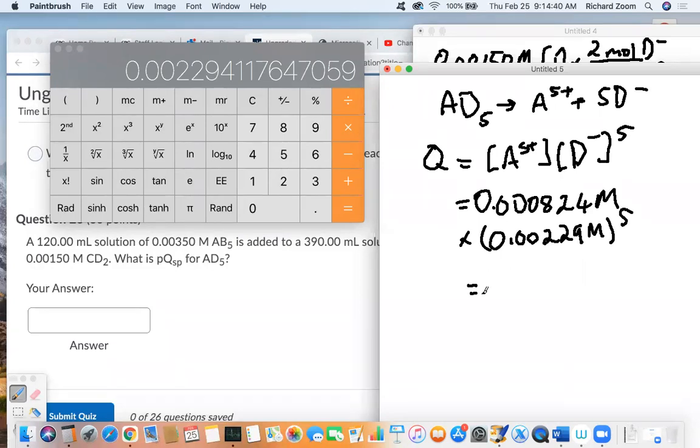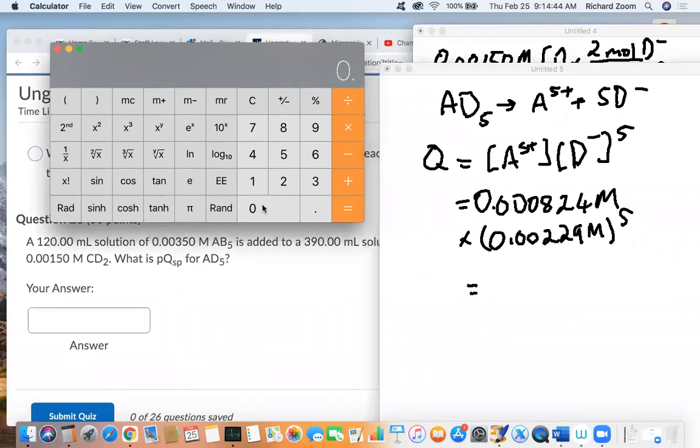Which comes up with our Q value. And that's to the 5th.